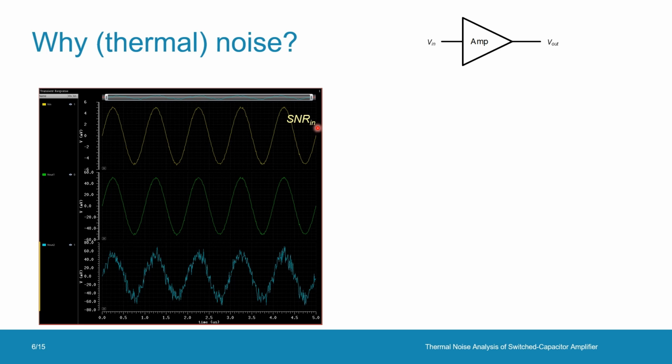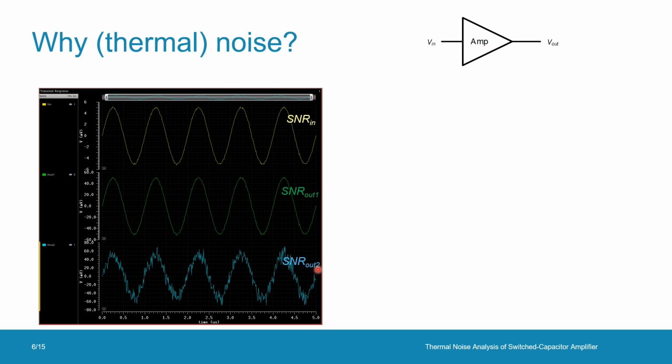If the amplifier is noiseless, the output SNR remains the same because both input signal and input noise are amplified by the same amount of 10. Now, if the amplifier is noisy, which is always the case, then extra noise is injected into the system, resulting in a lower output SNR.